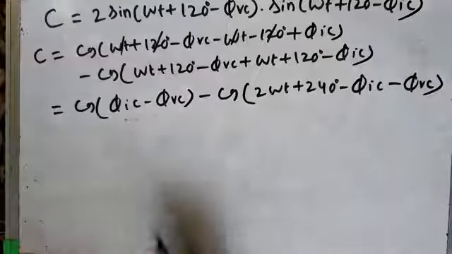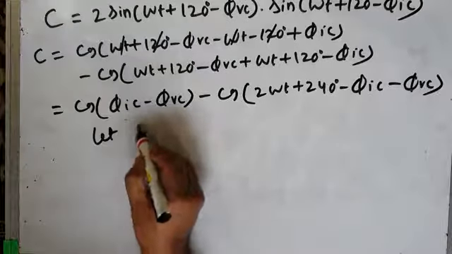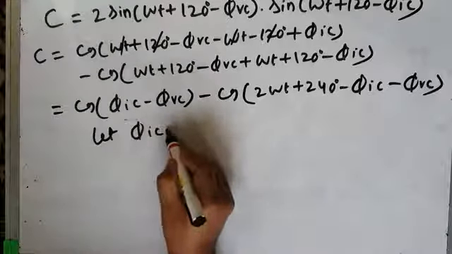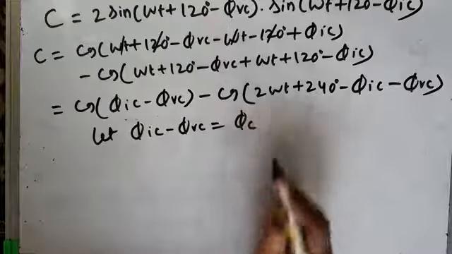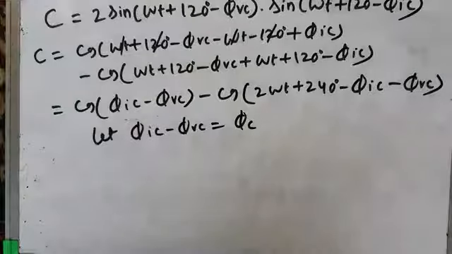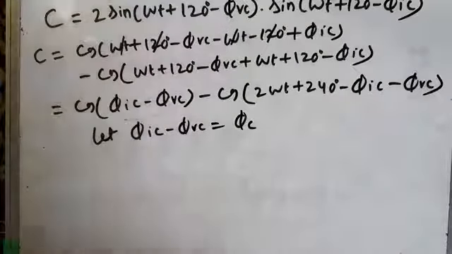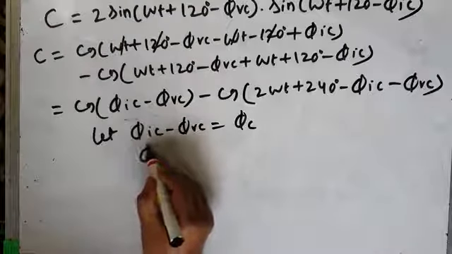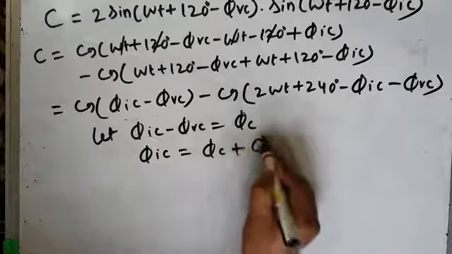Now as we have done in previous two cases, here also let us assume this phase difference phi ic minus phi vc is equal to phi c. Phi c is the phase angle between line current ic and line to neutral voltage vc. So from this you can find phi ic equal to phi c plus phi vc.